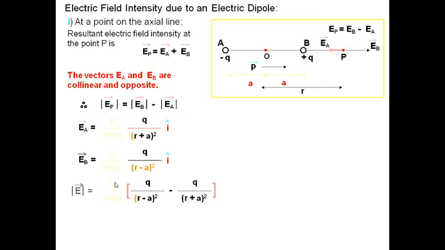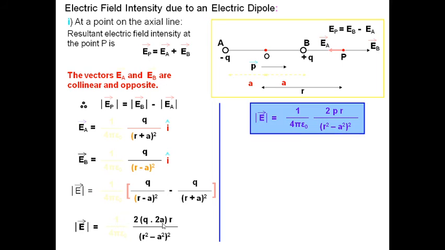Just putting in the values, the magnitude is 1 by 4 pi epsilon naught, q upon (r minus a) whole square minus q upon (r plus a) whole square. If we take the LCM, it is (r square minus a square) whole square, and if we solve it, we get 2 into q into 2a into r. And q into 2a is nothing but the electric dipole moment. So we can write its magnitude as 1 by 4 pi epsilon naught, 2p.